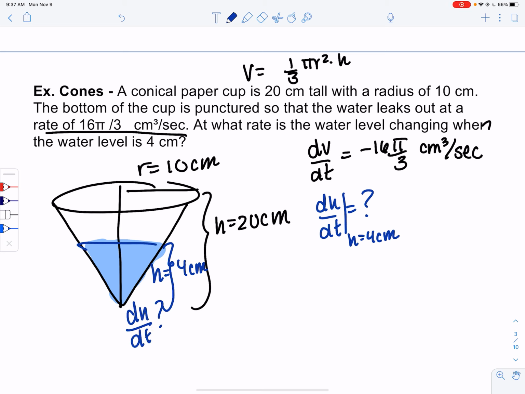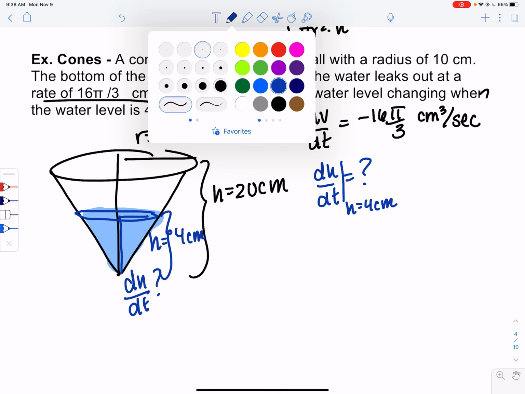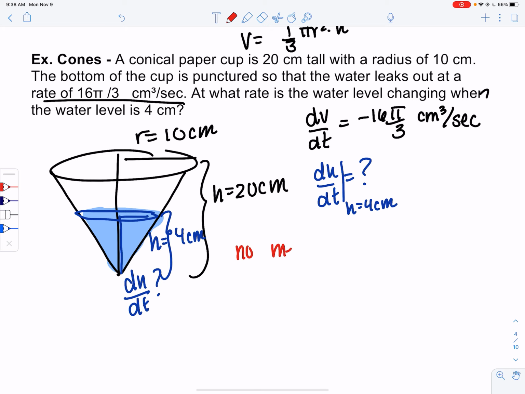Okay, well, I want you to notice something. There's no mention of r or dr/dt when h is 4.